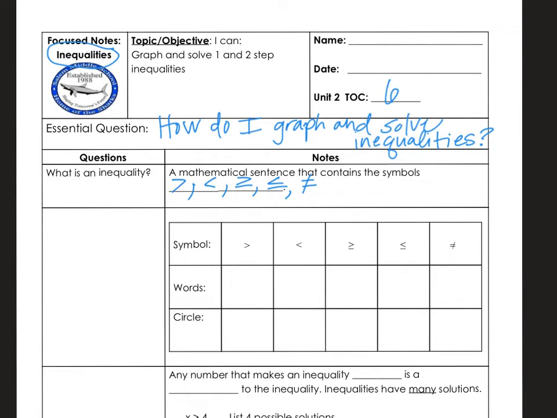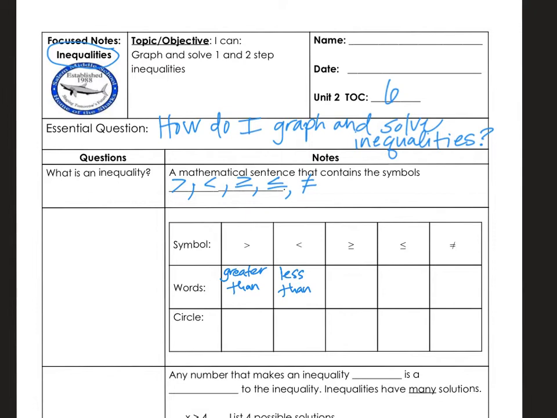All right, so this first symbol means greater than. This second one means less than. Maybe when you were in elementary school, your teacher talked about the alligator mouth is going to eat the bigger number. That's because it's greater than, so it opens to the bigger number. This one looks like the greater than symbol, but it has a little extra going on.